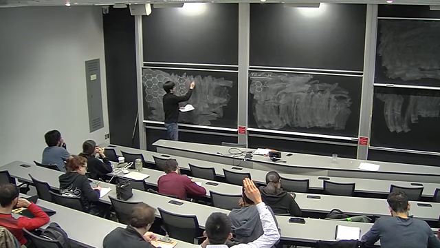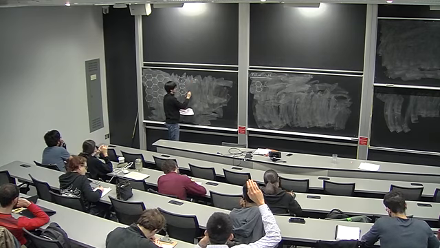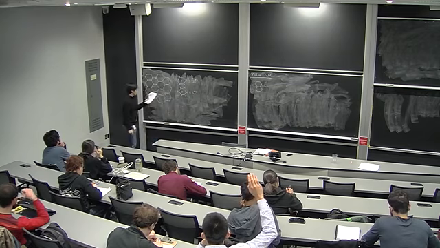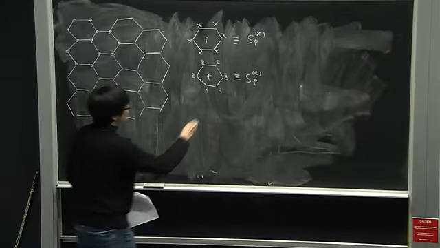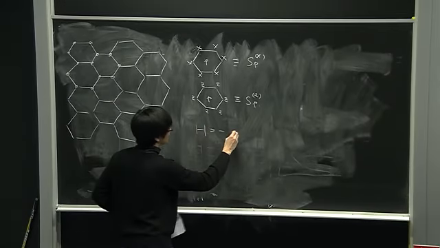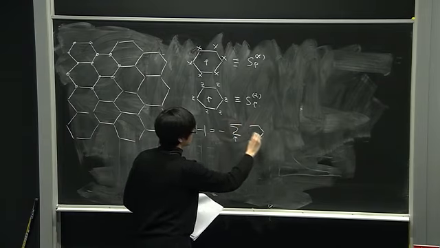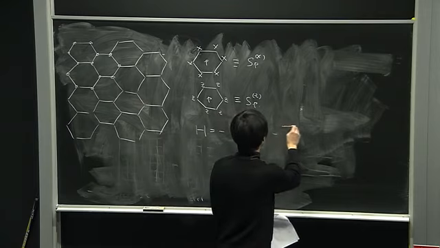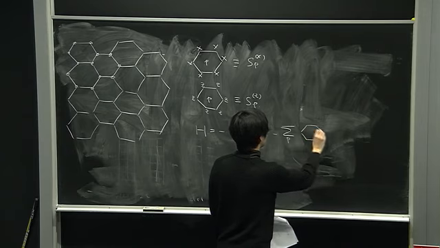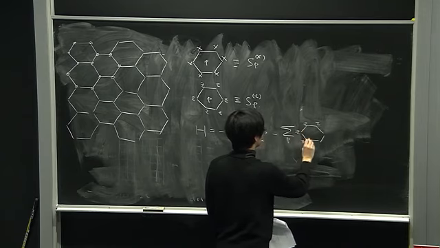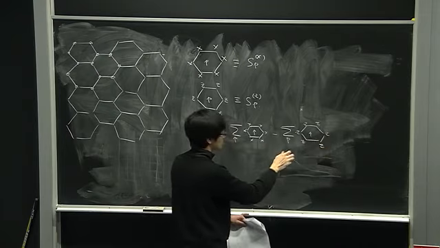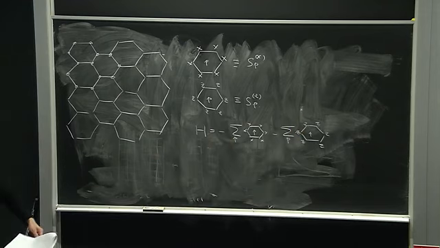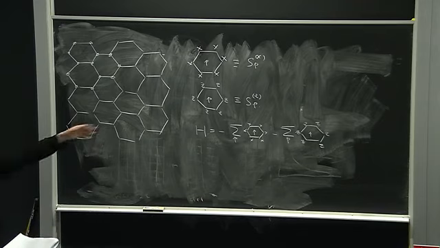Let me call it Px, stabilizer X at plaquette P. Then you can construct the Hamiltonian by just putting all these things together. The code space is defined as the +1 subspace of these operators.